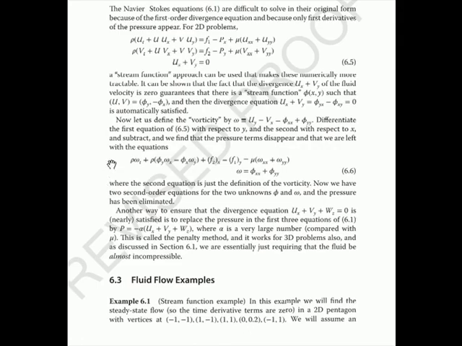On the no-flow boundary, where u and v are both 0, what are the boundary conditions in terms of phi and omega? Well, if u and v are both 0 on a boundary, that means both derivatives of phi are 0. That means the gradient of phi is 0, so the derivative of phi in any direction is 0. The derivative parallel to the boundary is 0, and the normal derivative is 0.